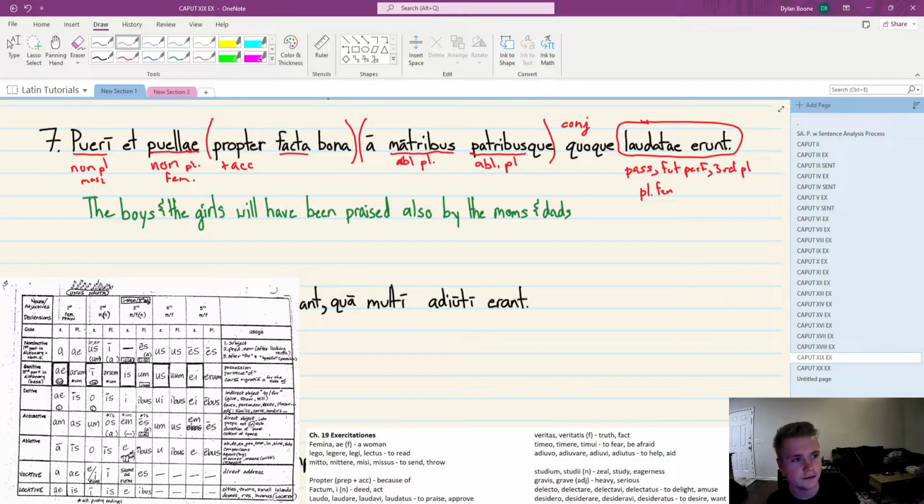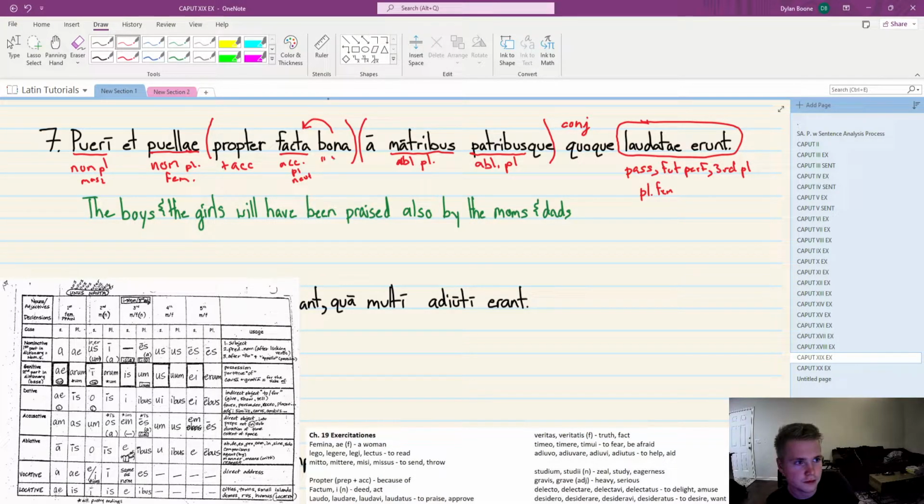So what do we have here? We have fata bona. A fatum, a fact almost, is something neuter. Fatum, fati, neuter, second declension, is something that was done, or a deed. And what type of deed was it? It was a bona deed. So this, being neuter, could be accusative or nominative plural by the ending, but since we're next to propter, and we know our subject is pueri et puellae, it's accusative plural, neuter.